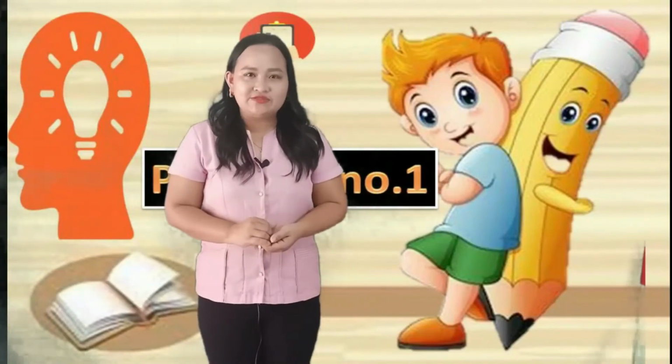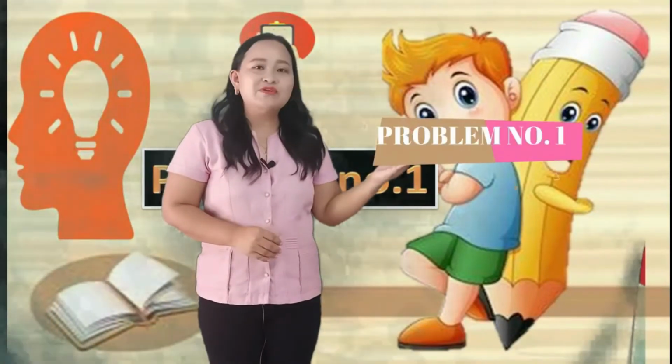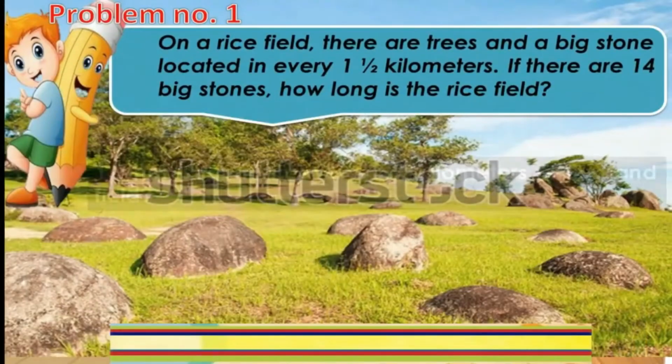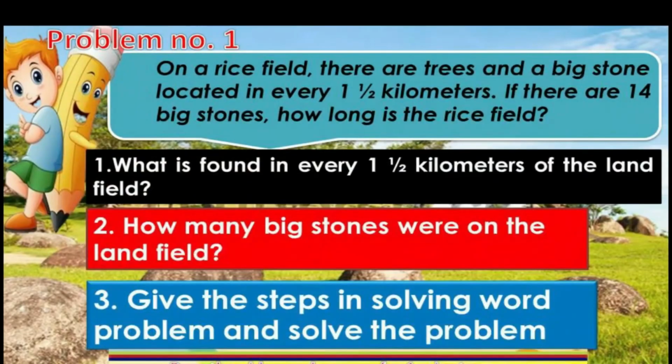Let's try to answer problem number 1. On a rice field, there are trees and a big stone located in every 1.5 kilometers. If there are 14 big stones, how long is the rice field?